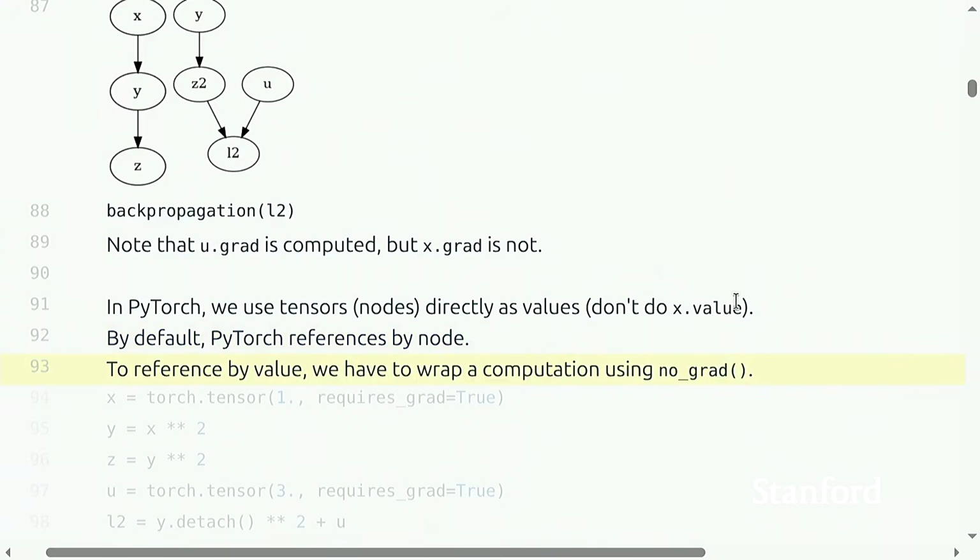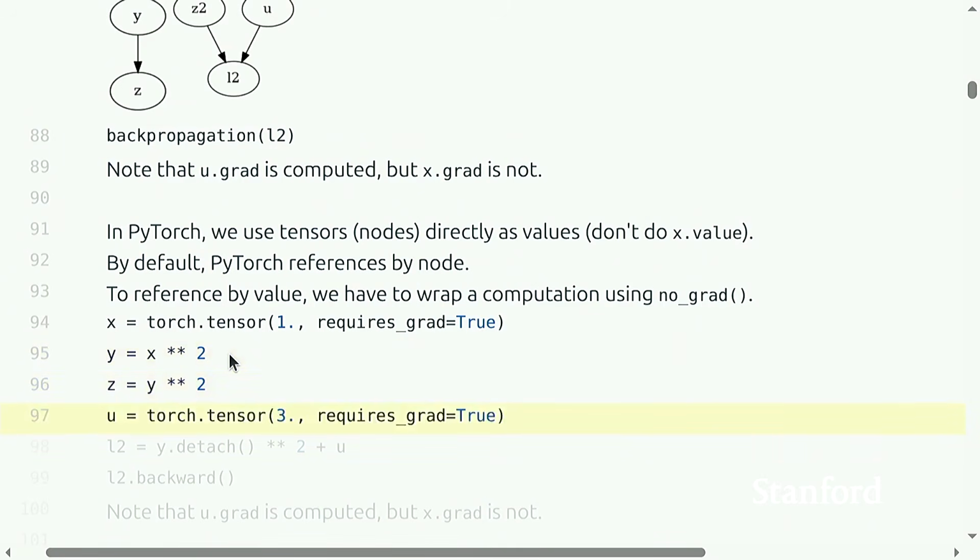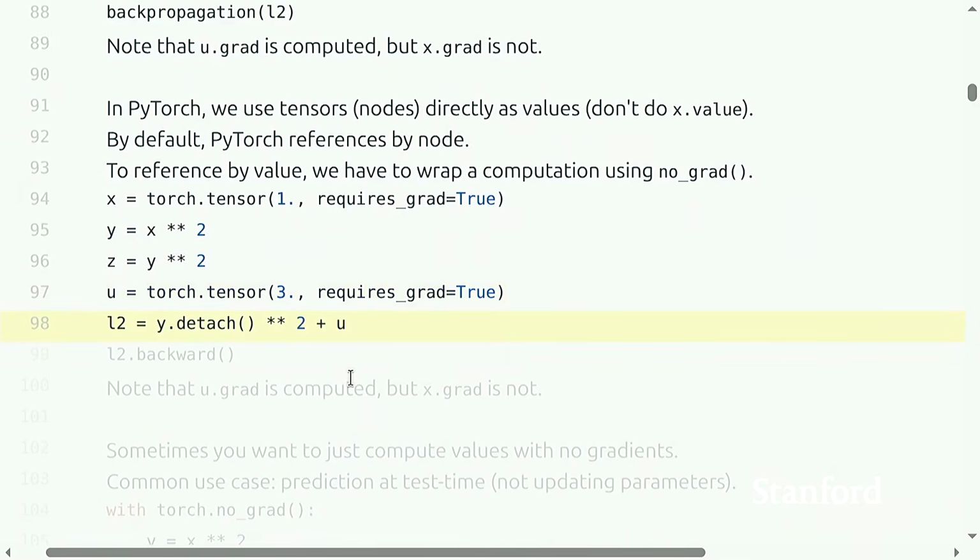Actually, let me show you this example. So suppose we built up y equals x squared, z equals y squared. And here is the way you would do it in PyTorch. You would say y.detach, which essentially detaches y from the previous computation, and then you can build up computations on top of that.